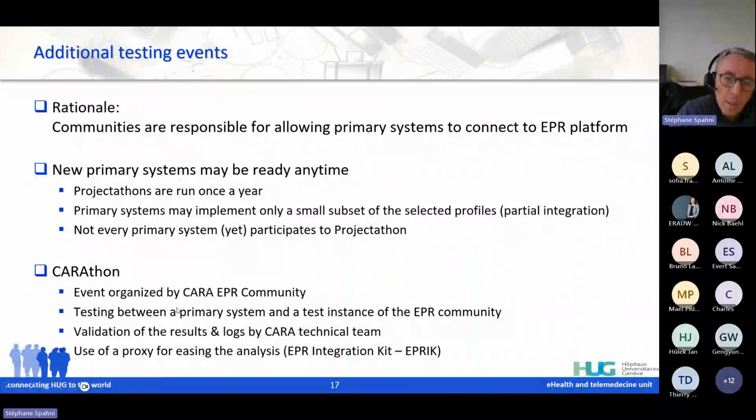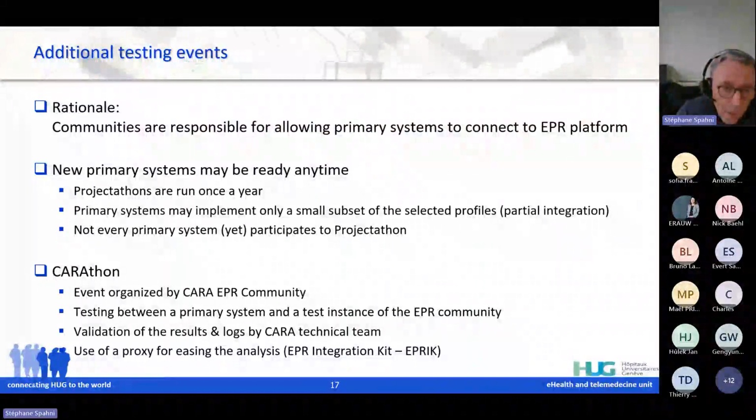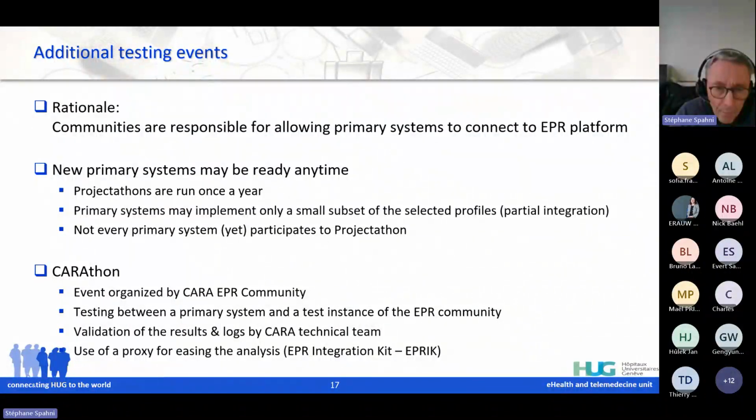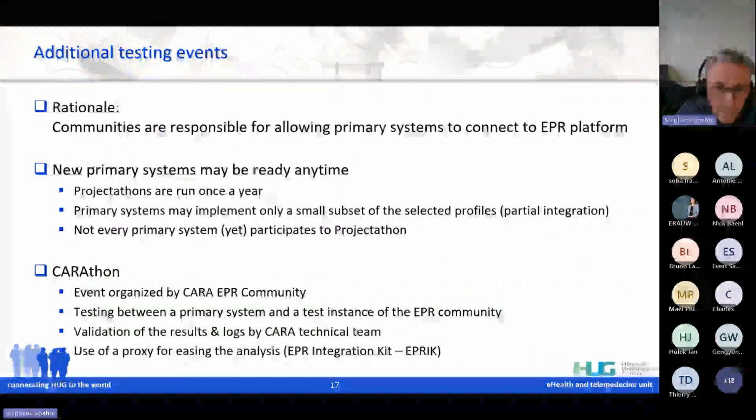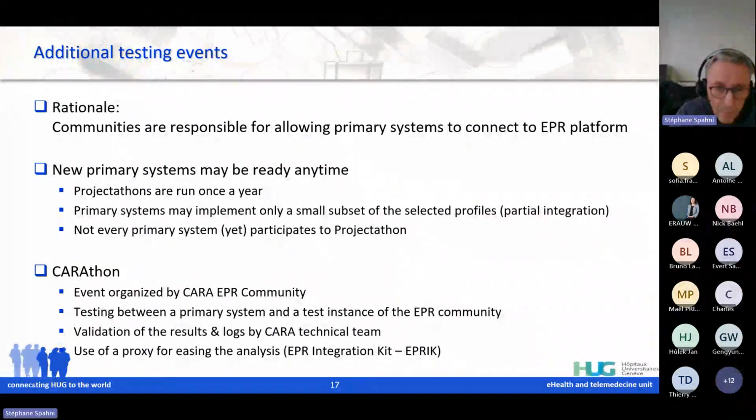So, for example, for the French-speaking community, which is called CARA, of which I am a member, we organize periodic what we call Carathon, which is, again, a small projectathon with only one primary system and the community, and we test all the profiles implemented by the primary system.